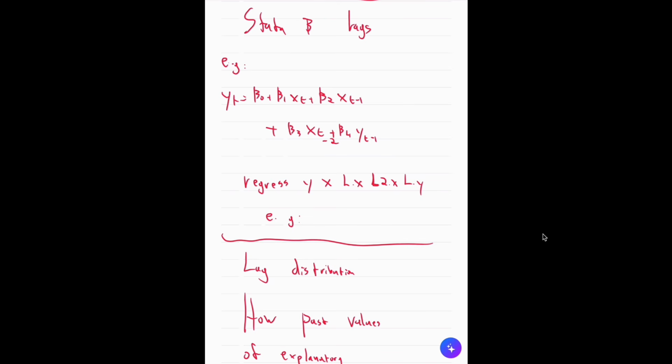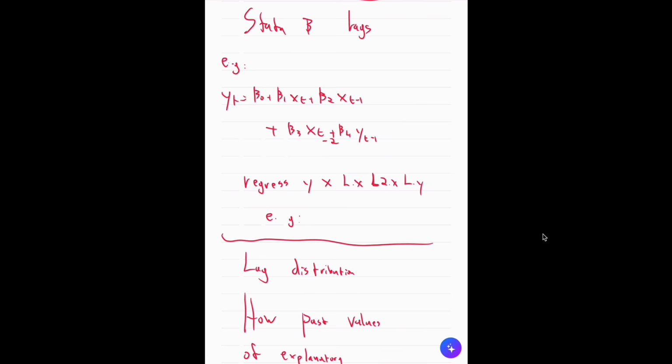So that one's a bit tricky. But that beta 4 yt minus 1 is just saying, how does the previous year's dependent variable value affect the current year's dependent variable? That is what beta 4 tells us. But yeah, how do you regress that? So you say y space x space l dot x space l2 dot x space l dot y.